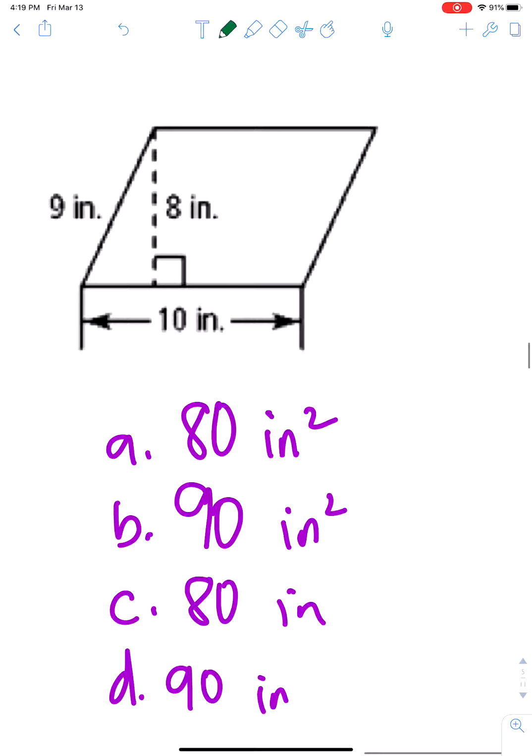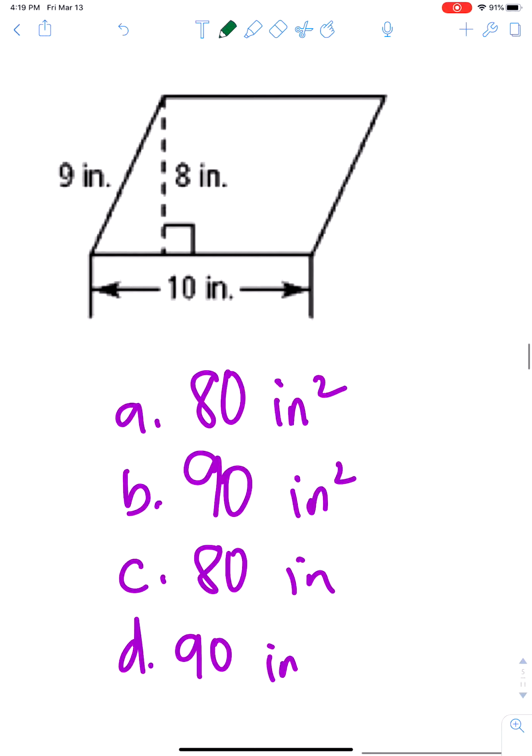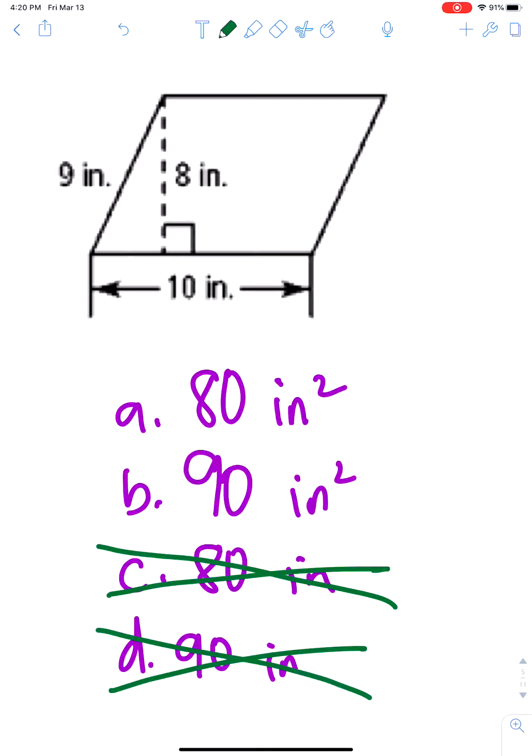On this one, I have kind of 4 choices for you. Is the area 80 inches squared, 90 inches squared, 80 inches, or 90 inches? I'm going to go through and kind of cross off ones that it's not. It cannot be 80 inches or 90 inches because the units aren't correct. Area would be in inches squared.